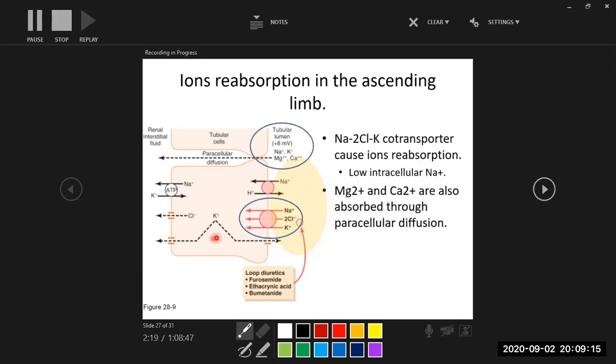That's driven by the low sodium in the cell. So this channel allows the sodium to be transported back in, and at the same time chloride and potassium get transported. With Na2K2Cl, the electric charge is the same, so 2 positive, 2 negative, and that won't change the membrane potential inside of the cell.